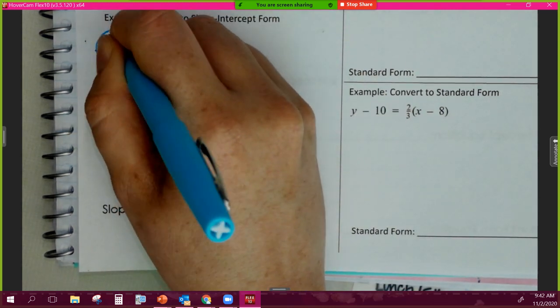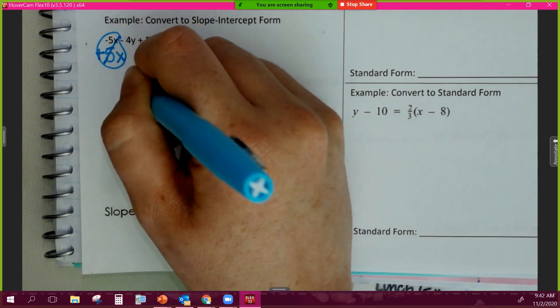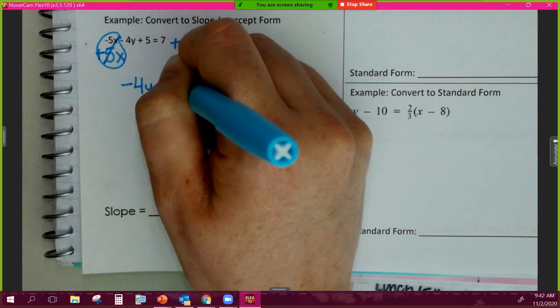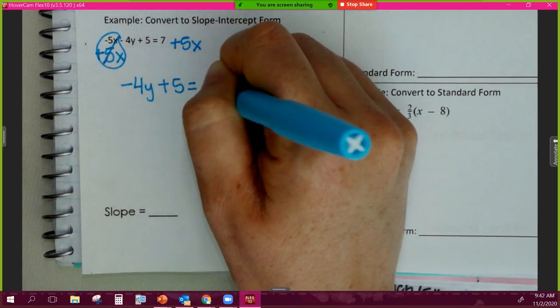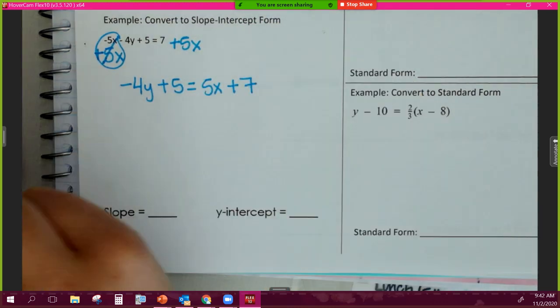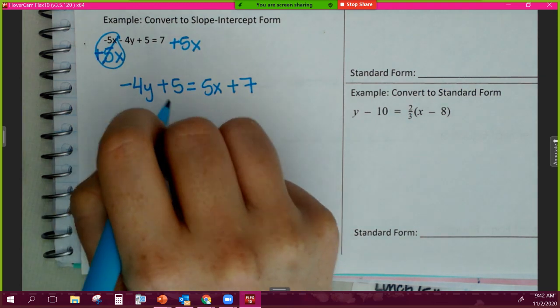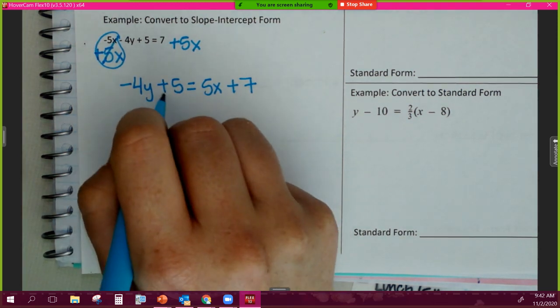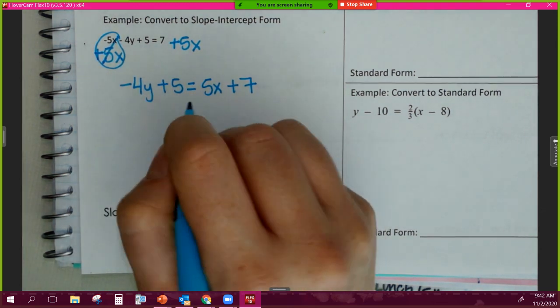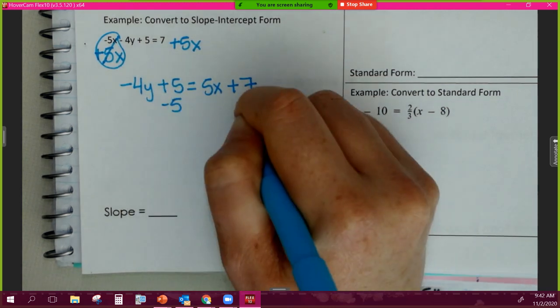Okay, those become 0. We're left with -4y plus 5 is equal to 5x plus 7. Now start getting y by itself again. So I have a plus 5 here. I'm going to get rid of that by subtracting 5 from both sides.